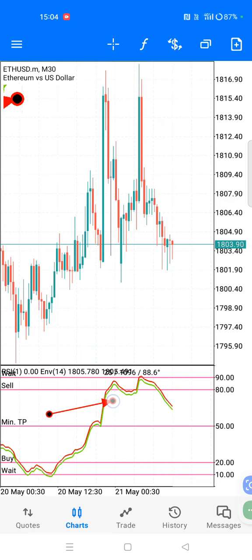What I mean by trick is it goes down here, but then it went up. So you have to wait for it to reach the level 90, which is wait, and then when it goes down, it crosses sell.